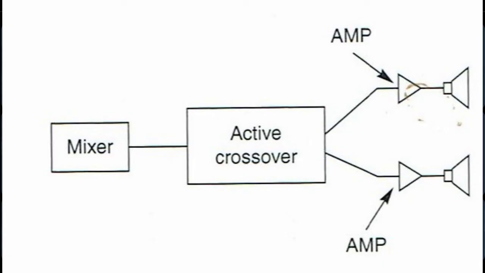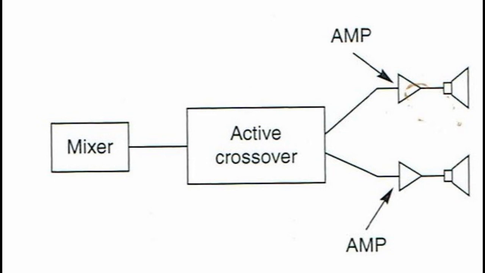For example, a two-way active crossover might split a signal at 1200 hertz and then send those frequencies below 1200 to an amplifier powering a woofer, and the signals that are above 1200 hertz to an amplifier powering a high-frequency horn driver. Now, we'll cover the speakers here in a little bit, but that basically allows you to send the signal to an appropriate speaker, which is better suited to process that particular signal.